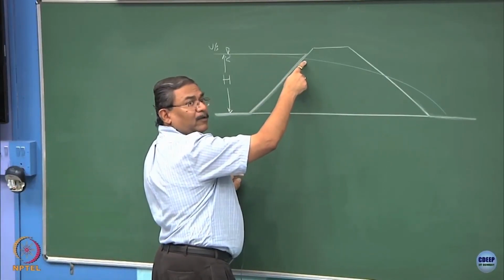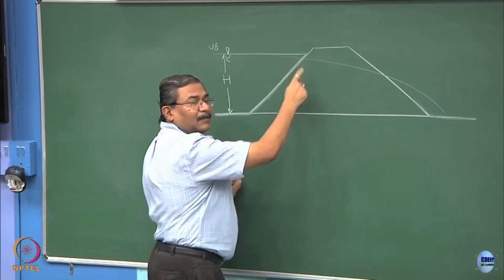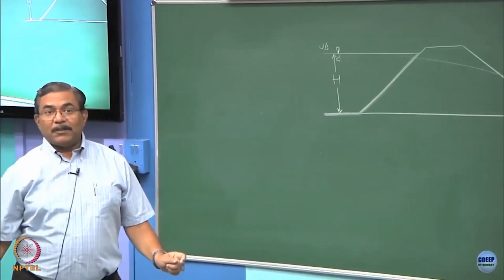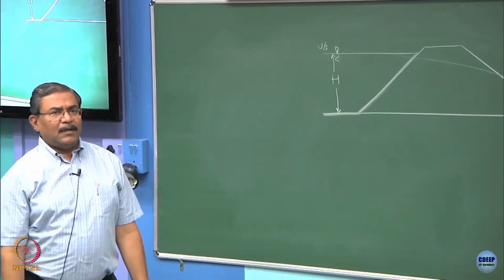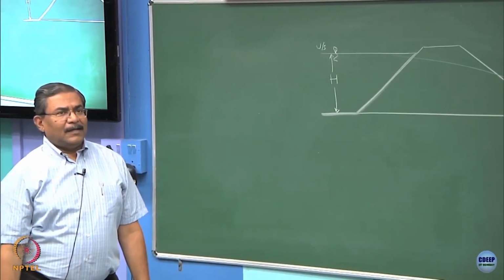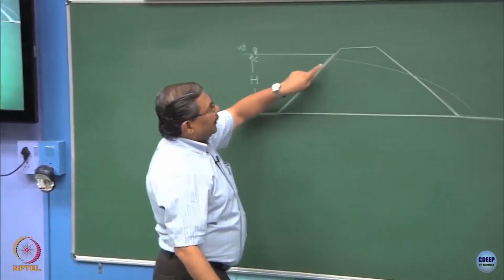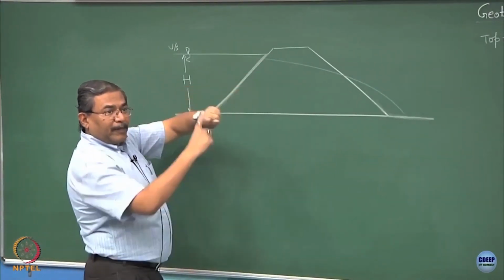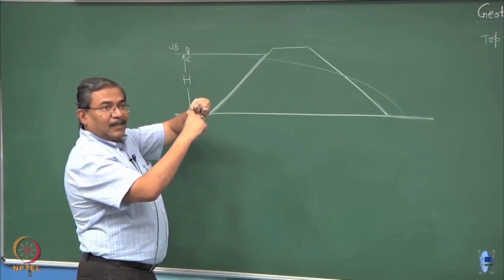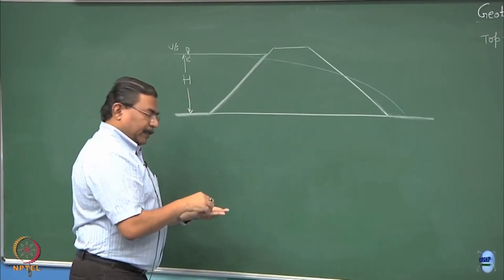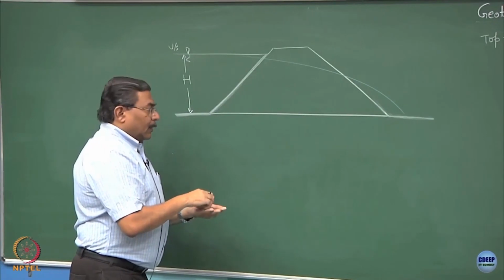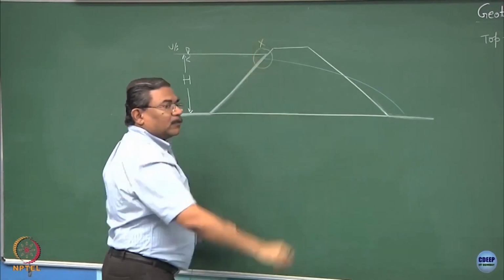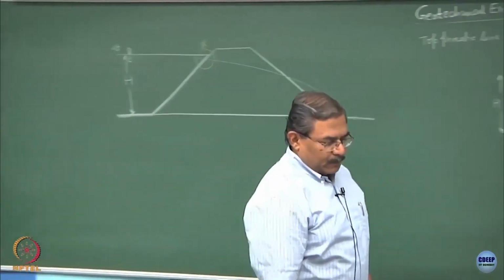Very good. Why not possible? You are right, answer is correct. It is not possible. Why it is not possible? Look at the flow line and the equipotential line, they are not perpendicular to each other. Number one, fallacy, or I would say this is violating del square phi equal to 0 and del square psi equal to 0 case.